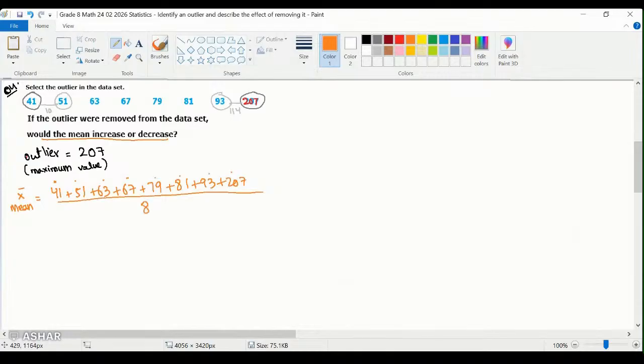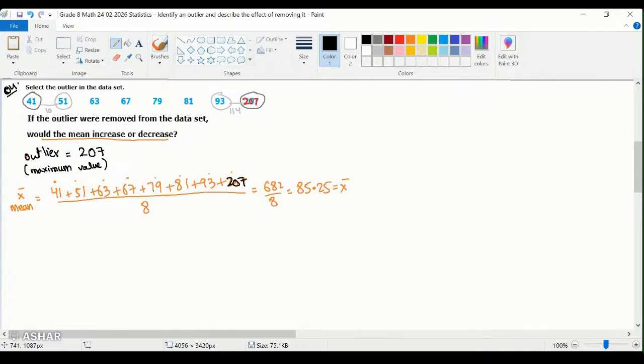Let's add these numbers together. 41, 51, 63, 67, 79, 81, 93, and 207, right? It comes out to be 682 divided by 8, and it becomes 85.25. That is the mean where the outlier was included, right?